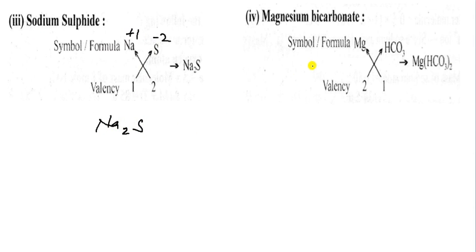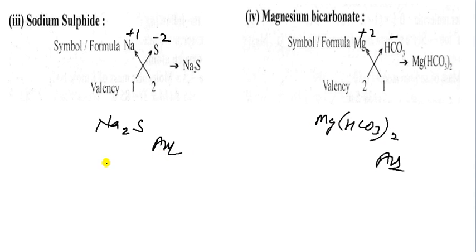The formula is Na2S. Here magnesium has plus 2 valency, and hydrogen carbonate has minus 1 valency. So the formula is Mg(HCO3)2, like this. So these are the answers. So you have to write in your copy.